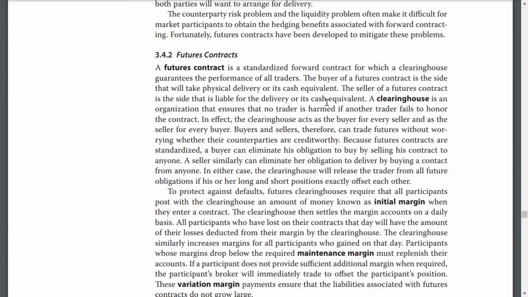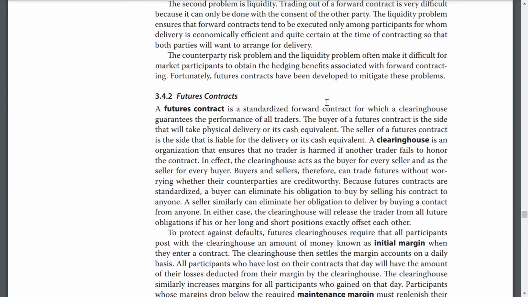A futures contract is a standardized forward contract for which a clearinghouse guarantees the performance of all traders. The buyer of the futures contract is the side that will take physical delivery or its cash equivalent. The seller of the futures contract is the side that is liable for the delivery or its cash equivalent.